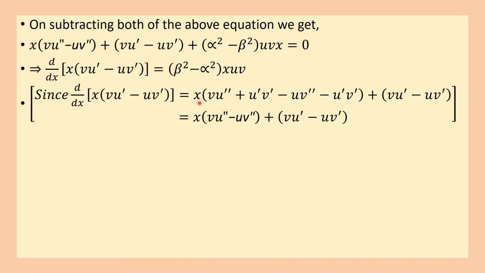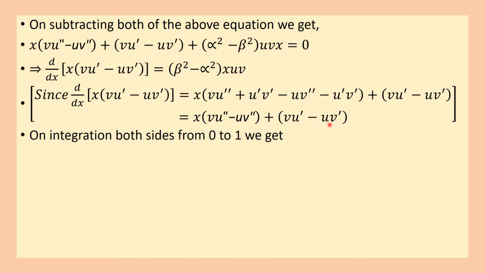So again you have to apply the product rule while finding the derivative of vu' and of uv', that is vu'' plus u'v' minus uv'' minus u'v', plus (vu' minus uv'), which can be written as x into (vu'' minus uv'') plus (vu' minus uv').